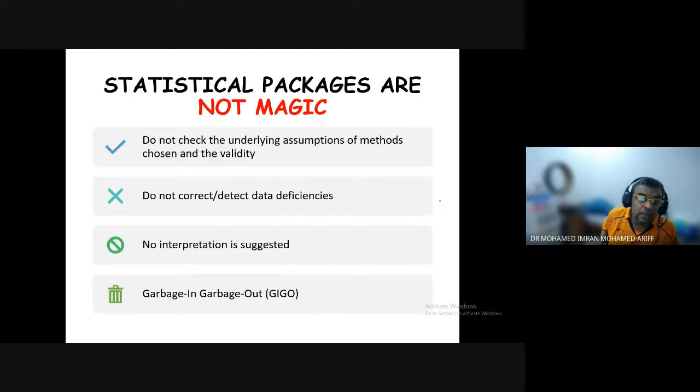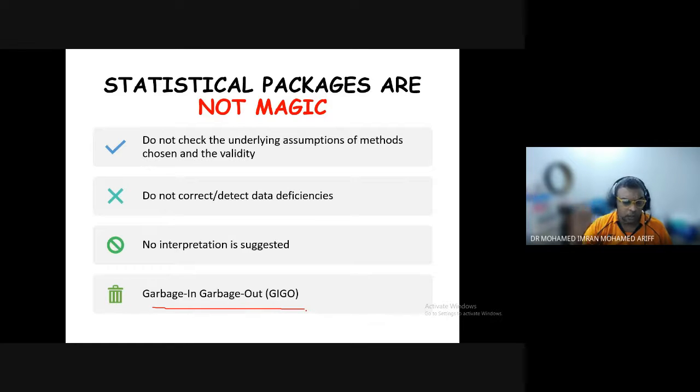Okay, but always remember, statistical packages are not magic. Okay, as they do not check the underlying assumptions of the method chosen and the validity. Always remember last point here. Garbage in, garbage out. Any statistical software package yang you guna, bila you run application tu, you akan dapat jawapan.